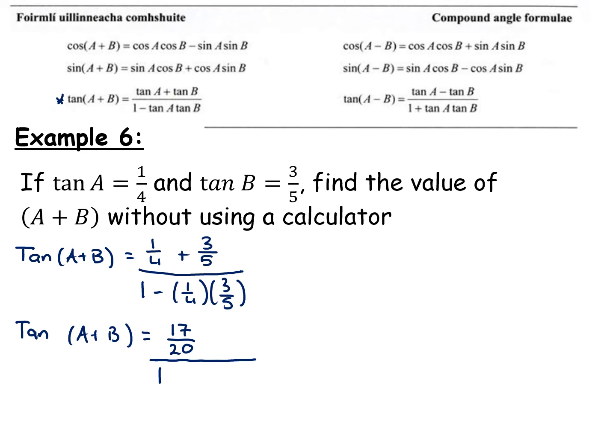And here we get 1 minus 3 over 20. So for us, we'll clean up tan of A plus B. That gives us 17 over 20 all over 17 over 20.